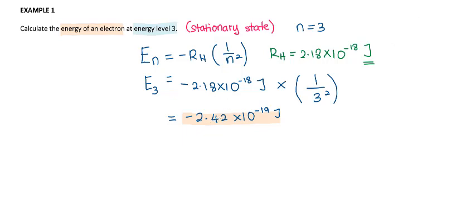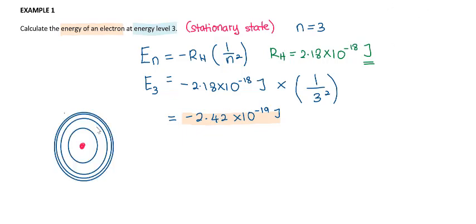Why not a positive sign? Actually, when the electron is far away from the nucleus, let's say it is so far away that n is equal to infinity, we say that the electron is free from the attraction of the nucleus. So the energy at infinity is 0.